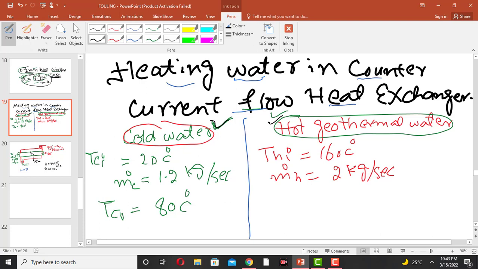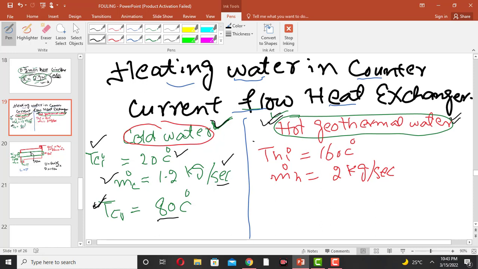Now the given information is as follows. The inlet temperature of the cold water is 20 degrees centigrade. The mass flow rate of the cold water is 1.2 kg per second, and the outlet temperature of the cold water is 80 degrees centigrade. The cold water is flowing in the tube side, while the hot water is flowing in the shell side of the shell and tube heat exchanger.